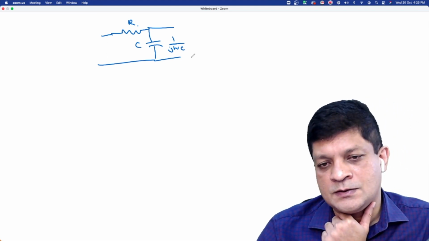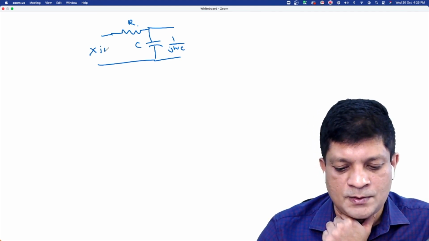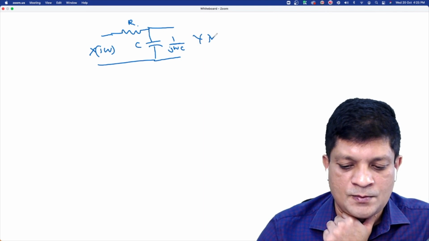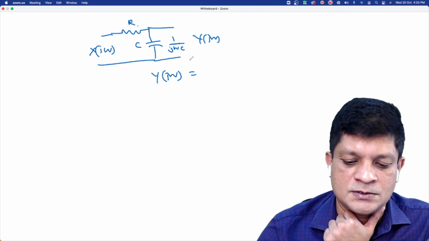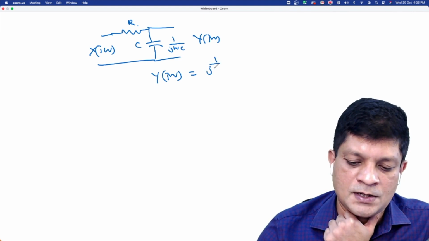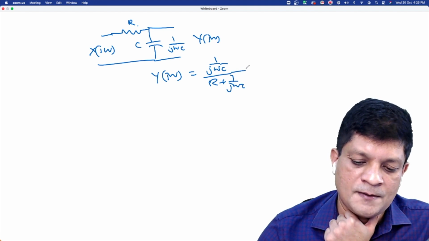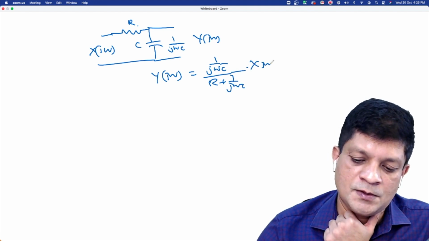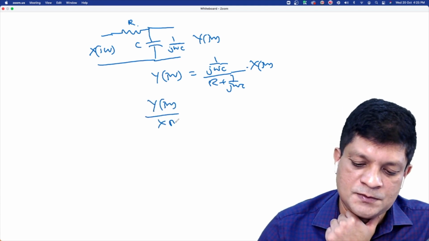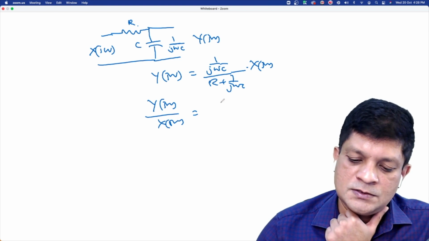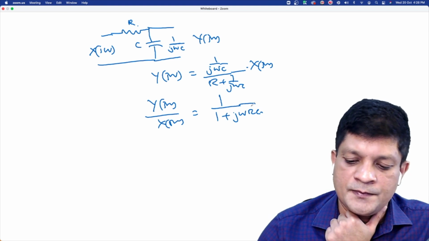Have you studied this in your circuit analysis course? If it is X of j omega and Y of j omega, you can apply the simple voltage division rule: Y of j omega equals (1 by j omega C) divided by (R plus 1 by j omega C) into X of j omega, isn't it? So Y of j omega divided by X of j omega is this. If you simplify this, you will get 1 upon (1 plus j omega RC). Is it?